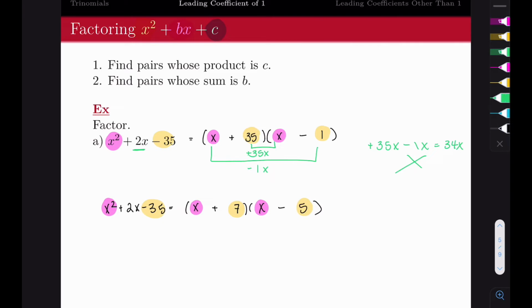And so we've done the first terms and the last terms in the FOILing. If we do the outer term, that's negative 5x. The inner term is positive 7x. And it indeed will add up to the positive 2x. So that's how I know that this is the correct factoring. So x squared plus 2x minus 35 is going to equal x plus 7 times x minus 5.